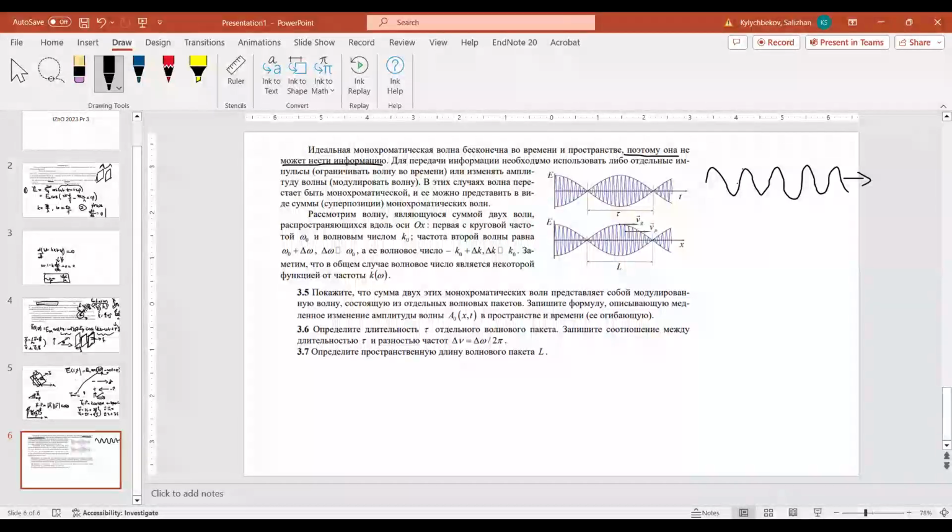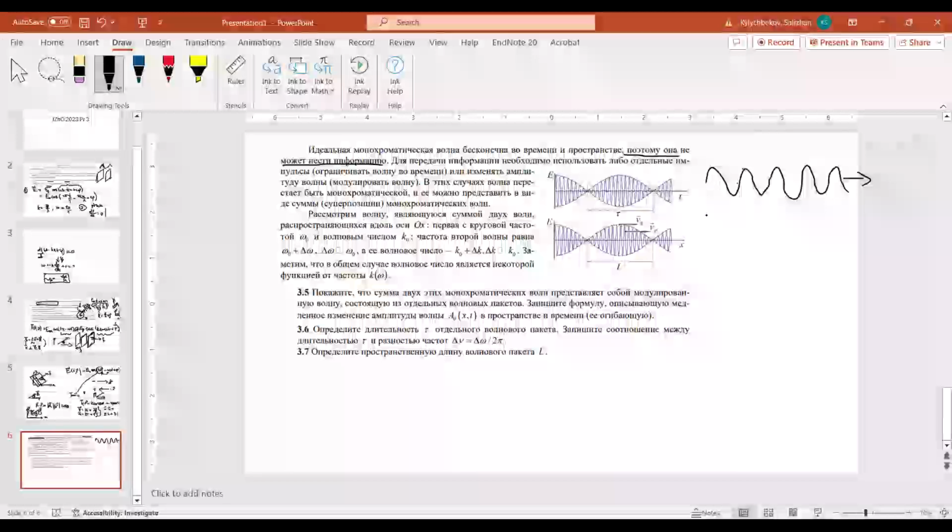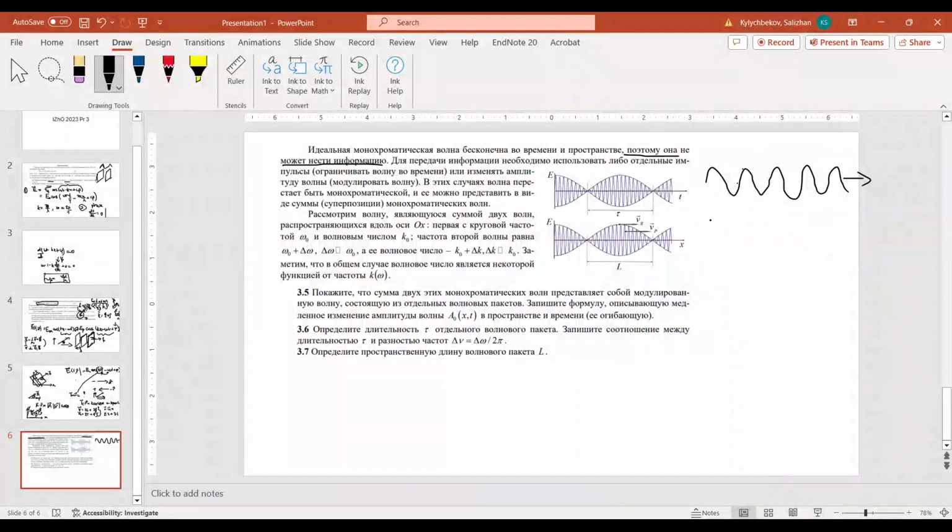Для передачи информации необходимо использовать либо отдельные импульсы, типа пульс, да, лазерден бир пучоктор чыгарат, femtosecond, attosecond, nanosecond лазер дегенде дуксаңар керек. Алар pulse laser, да? Pulse laser дегенде, for instance, Nd:YAG nanosecond лазерлар, мисалы, көп колдонобуз, Nd:YAG. Бул solid state laser, айчон.